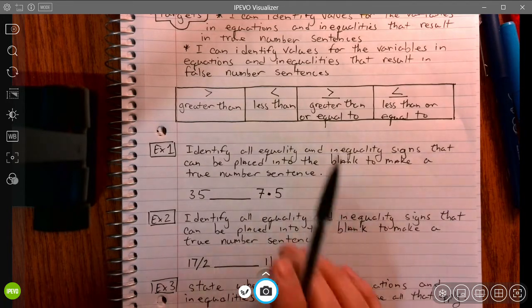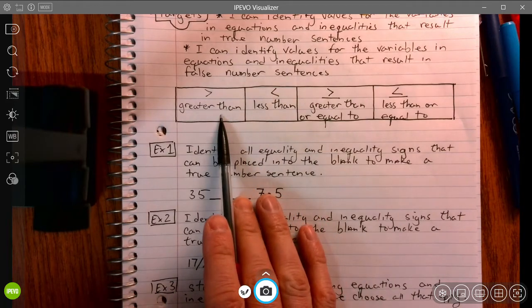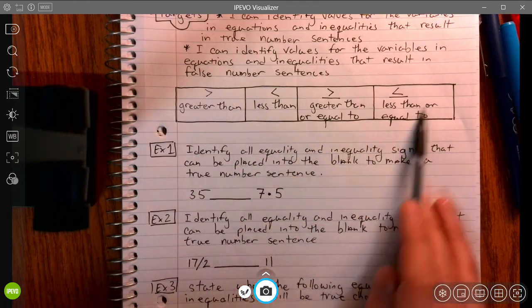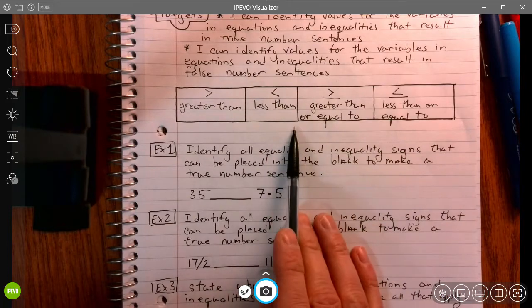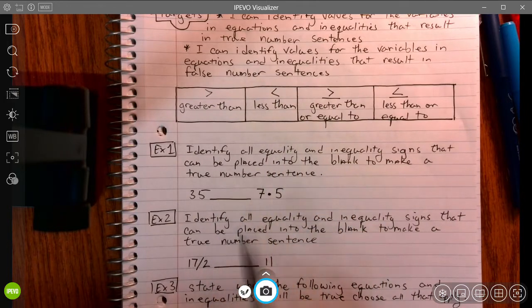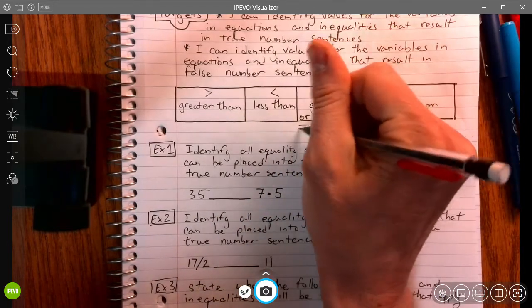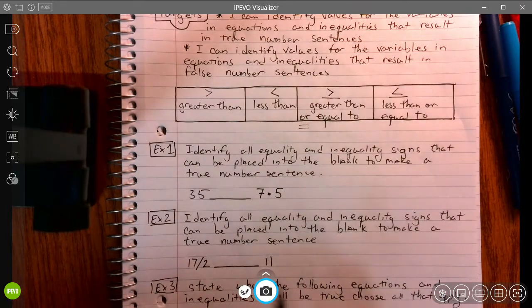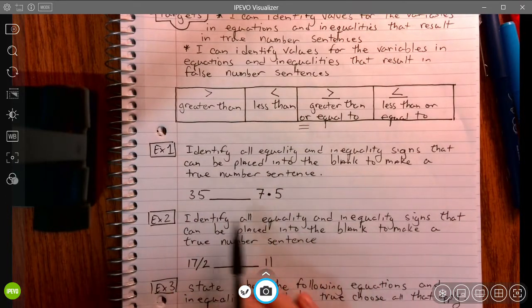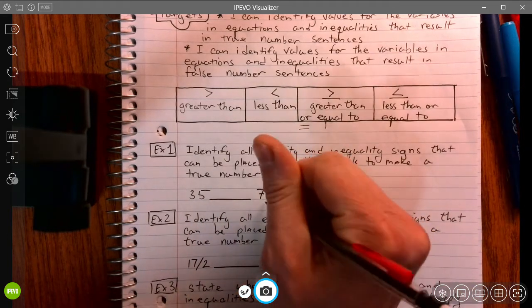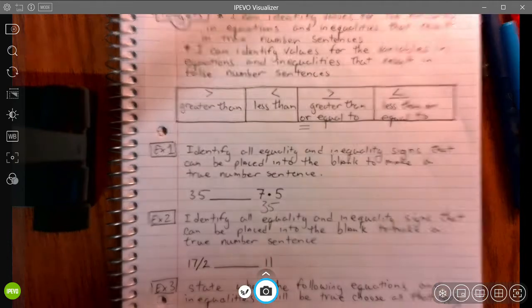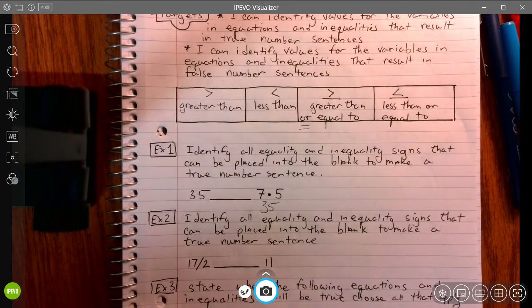What we have to do is choose all the inequality symbols, including the equal sign, that will make this a true number sentence. I have 35 on the left, blank, and then 7 times 5, and 7 times 5 we know is equal to 35. So what symbols can I put in here to make this a true sentence?